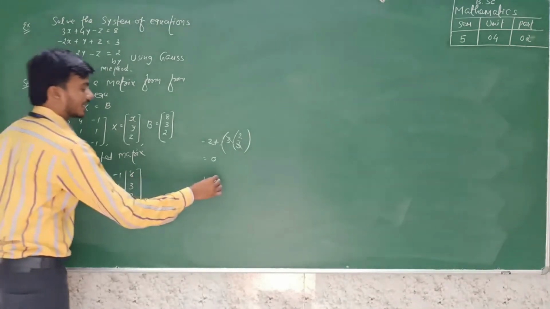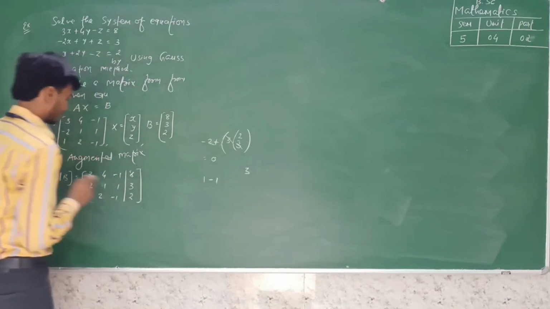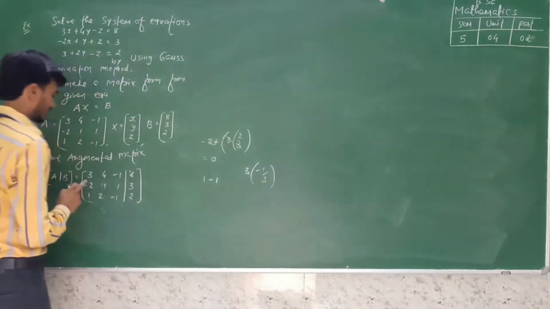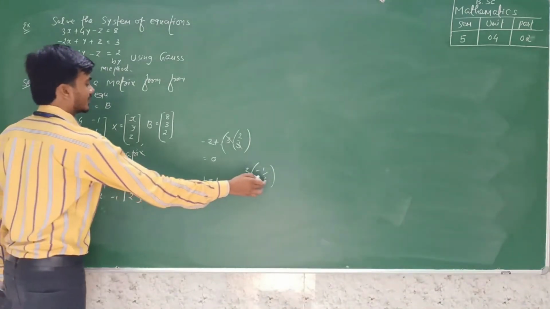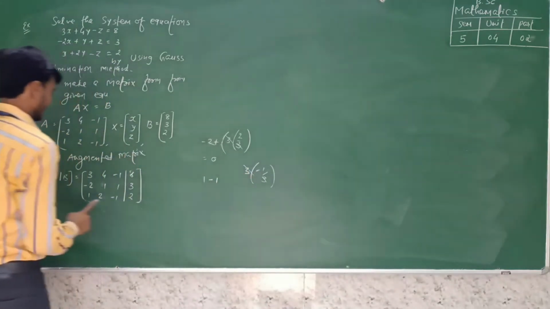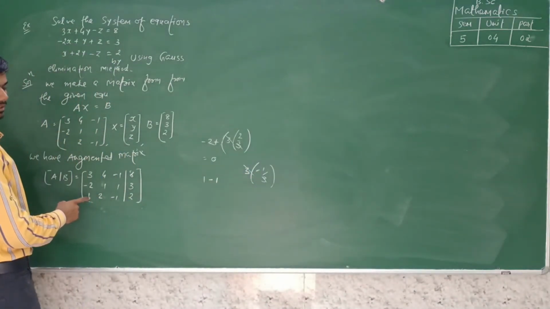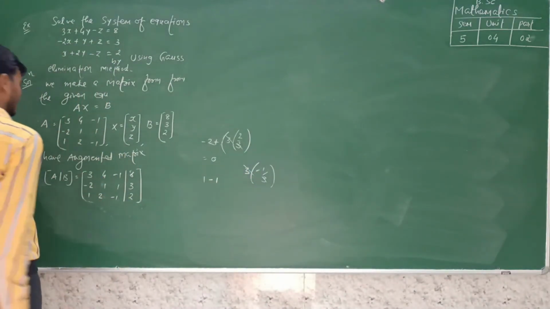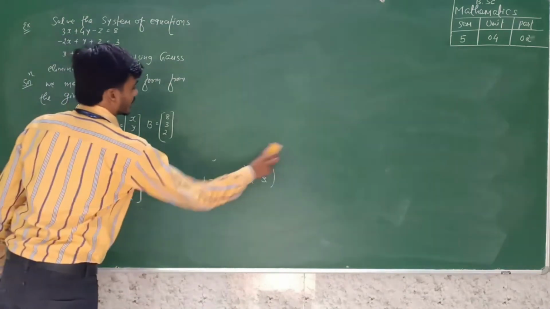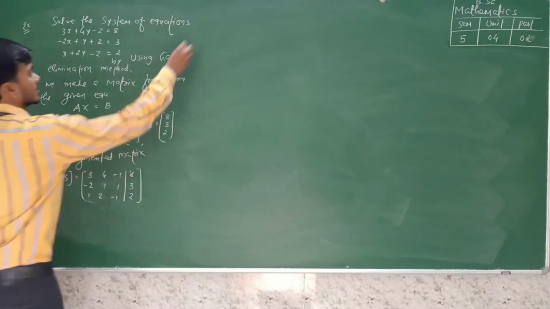So how is minus 1 added? The first row is 3, and minus 1 by 3 can be multiplied into 3. So 3 cancels, and minus 1 remains. This minus 1 will be added into the third row, so this element also becomes 0. So we write the operations on this matrix.